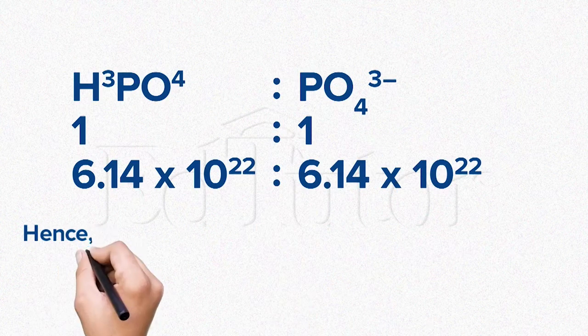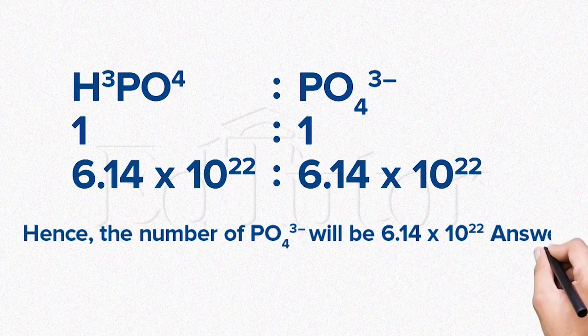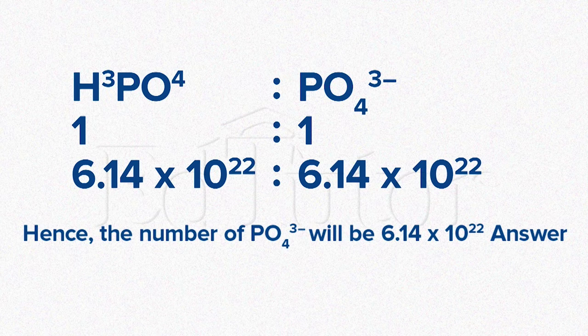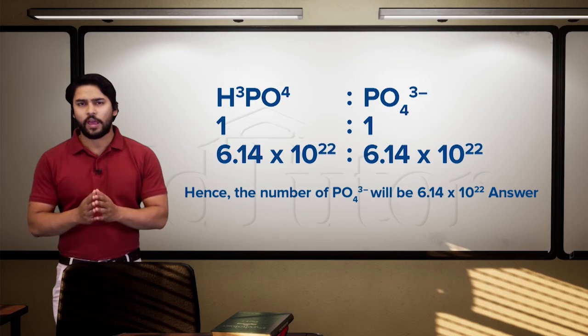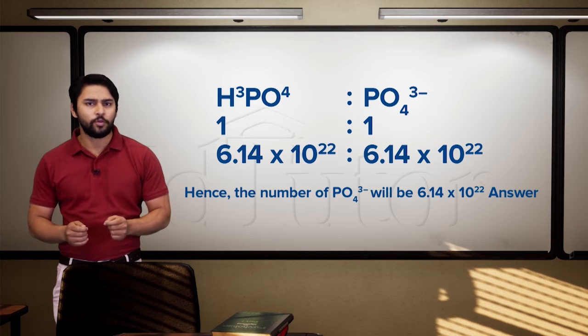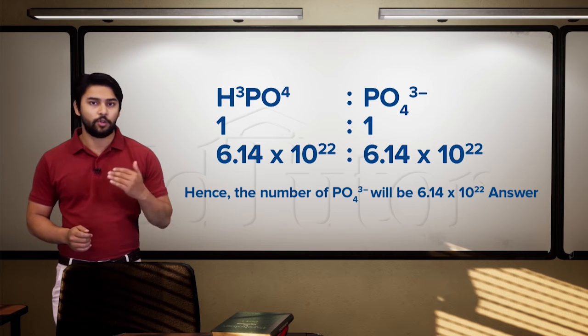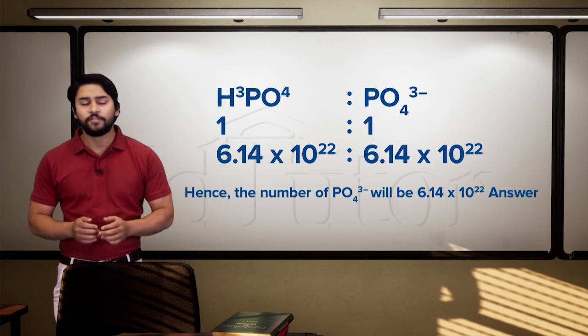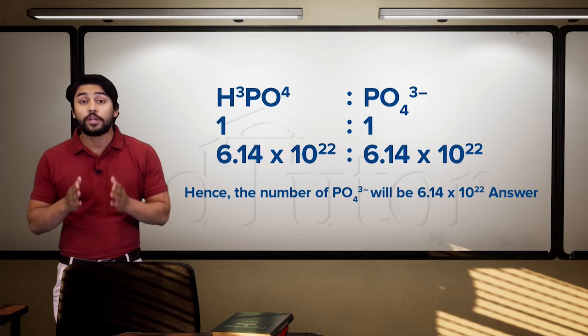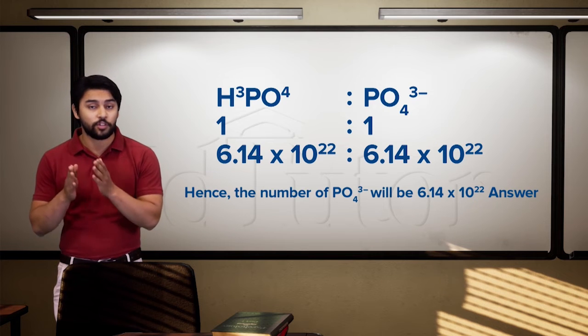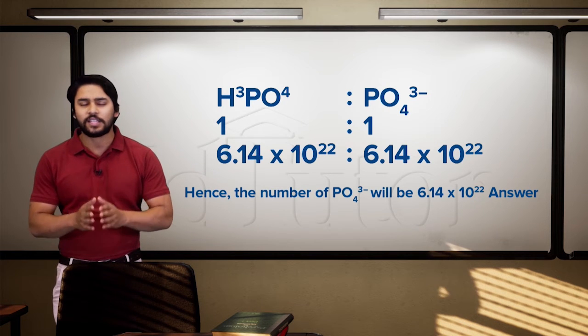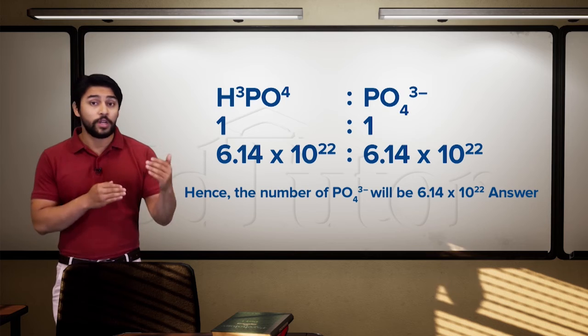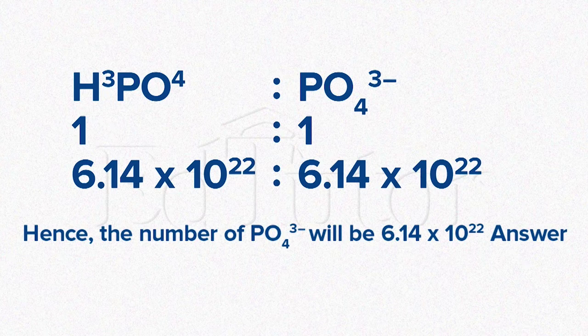In the same manner, 1 molecule of phosphoric acid gives 1 phosphate ion, PO4 3-. Hence, for 6.14 into 10 to the power 22 molecules, we will have 6.14 into 10 to the power 22 phosphate ions. This is exactly similar to what we discussed in the previous video. Does it ring a bell?